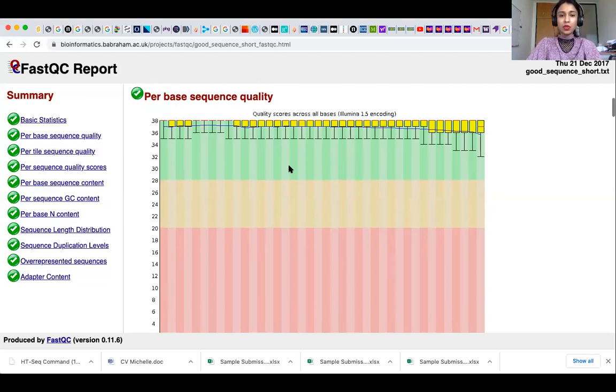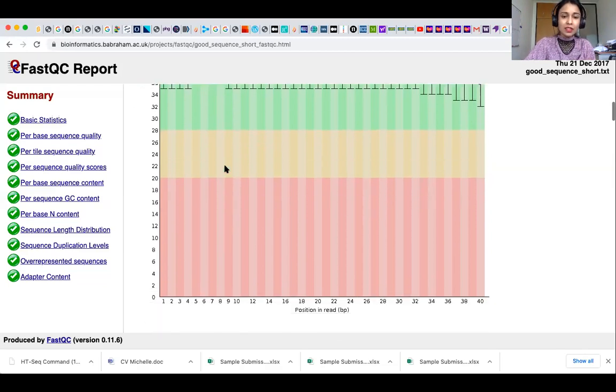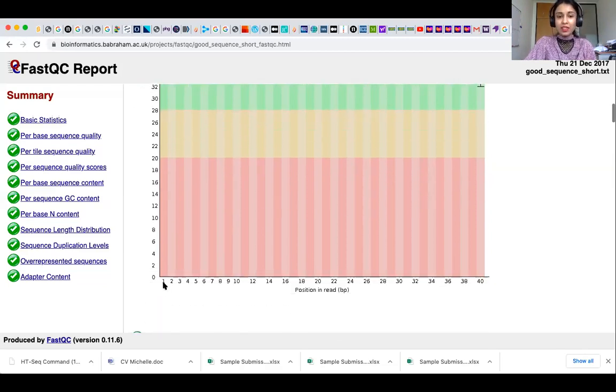It gives you an output of the per base sequence quality. As you saw in the summary earlier, it only has 40 bases. So this is each position, position 1, position 2, position 3 in your read or your fragment which has been sequenced, up to 40 bases.